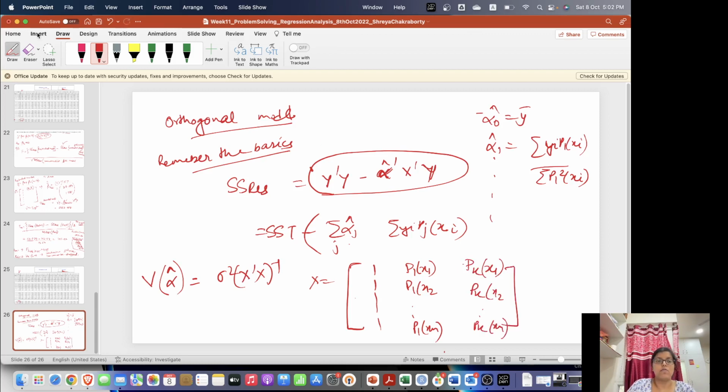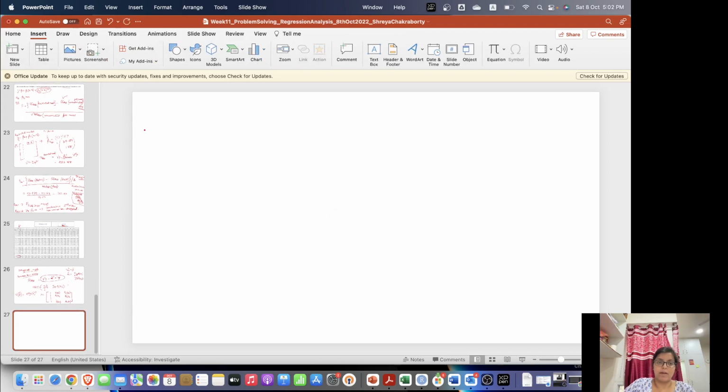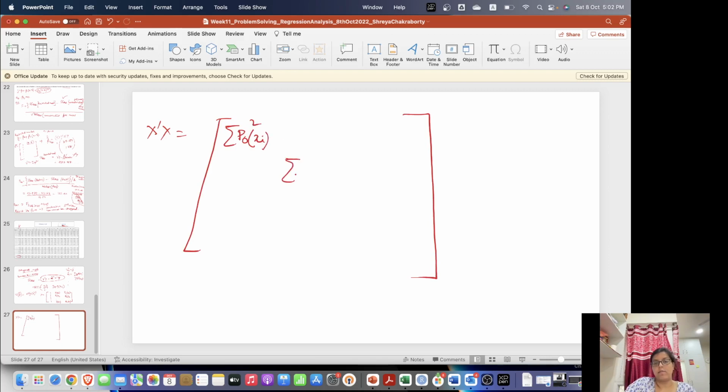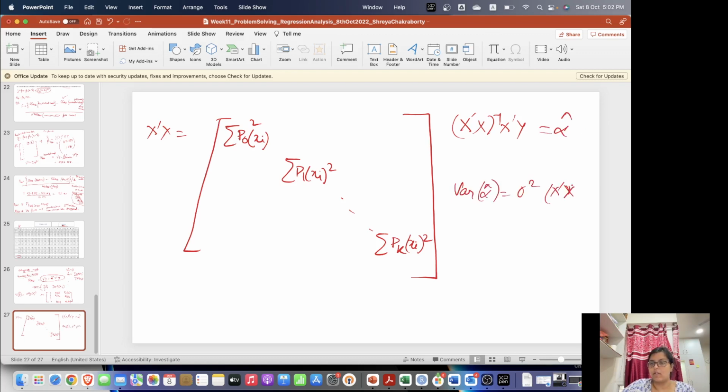Once you do x prime x, you would end up with a diagonal matrix, that is summation p naught xi square, summation p1 xi square, summation pk xi square, and you just need to do x prime x inverse x prime y to get the alpha hat, and the variance of alpha hat would be sigma square x prime x inverse.